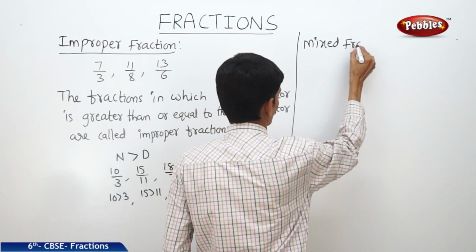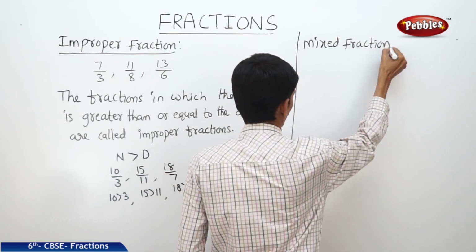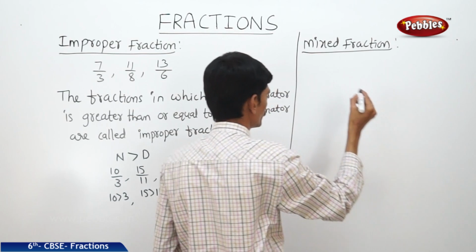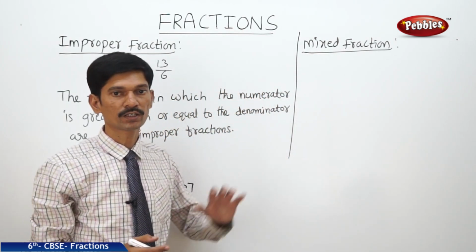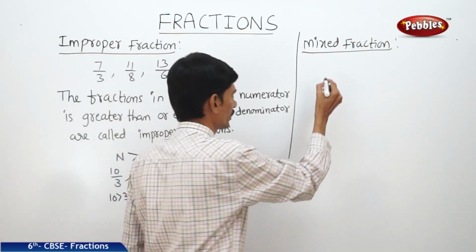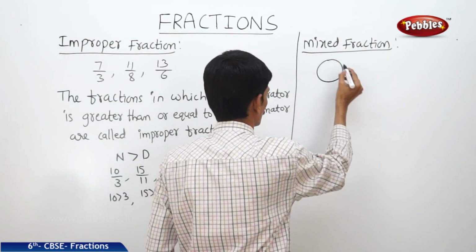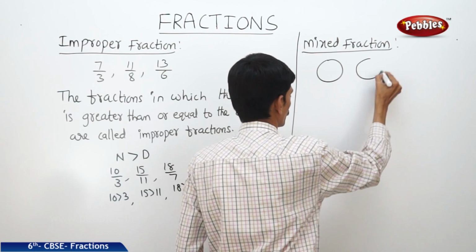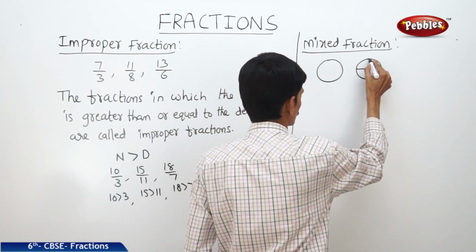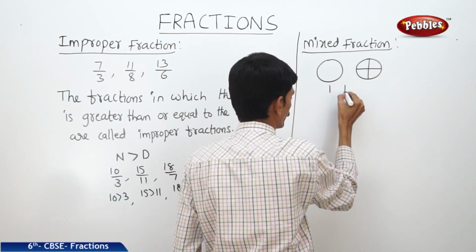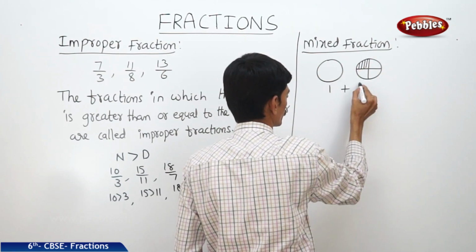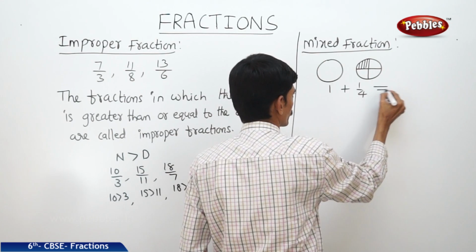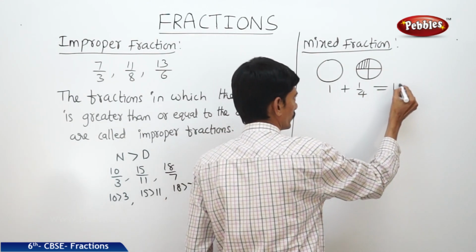Mixed fraction. Mixed fraction means here we take one whole object and one part. So first let us take the whole circle and the other circle which is divided into 4 parts. So this is 1 plus. If you take only 1 out of 4 equal parts, this is 1 by 4.